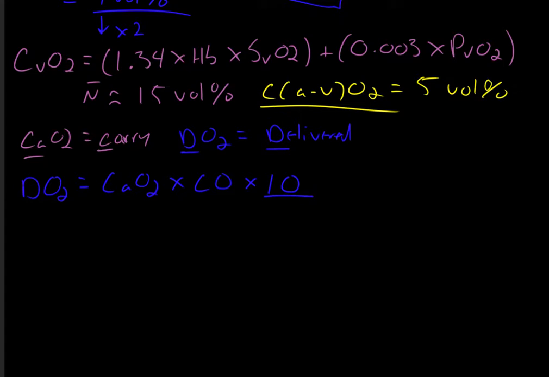As you remember, this was mLs per deciliter, and this is ml per minute, okay? So what you're going to get is your delivery of O2, which is about 900 to 1100 mLs per minute, okay? 900 to 1100 mLs per minute.